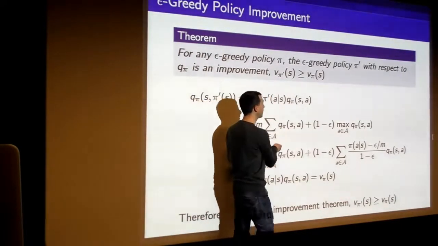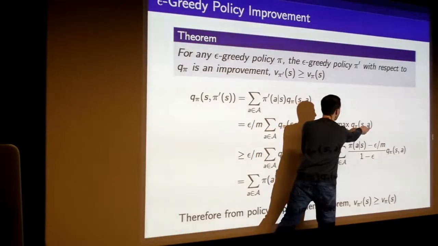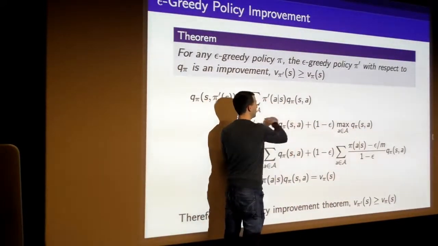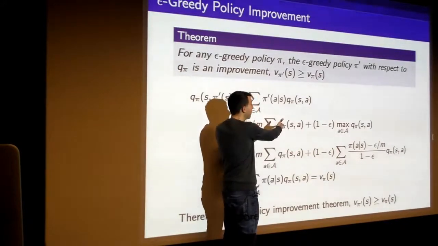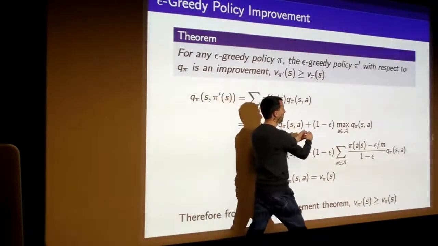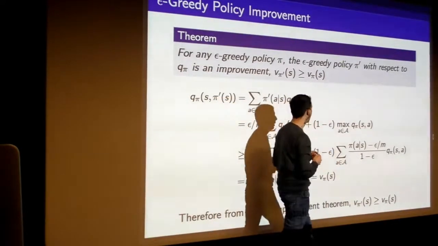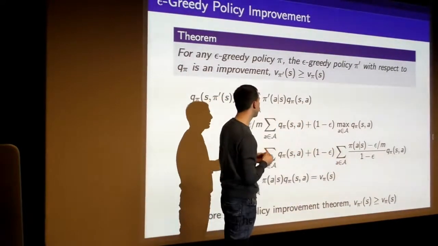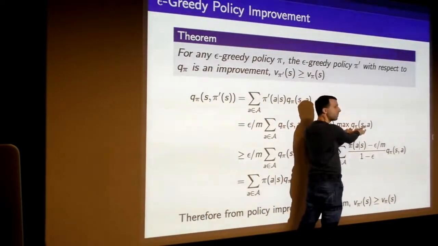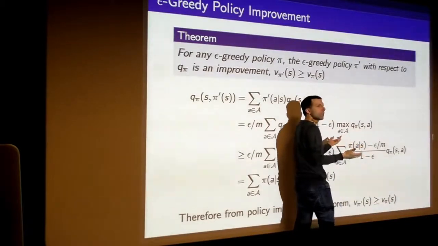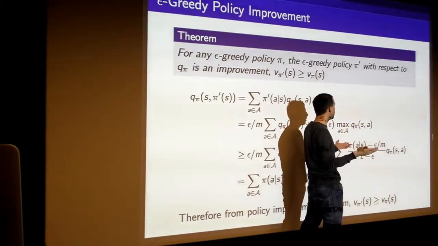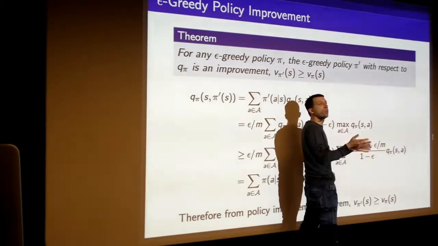And we can split that into the probability of taking the greedy action plus the probability of taking all other actions. So this is what happens if you choose to explore, and this is what happens if you choose to act greedily. Now what we can say is that if you act greedily, if you choose the max of all your Q values, it has to be at least as good as any weighted sum of all of your actions.